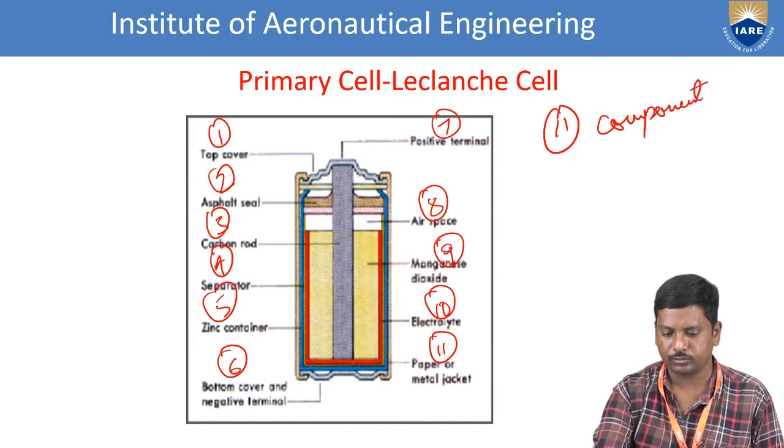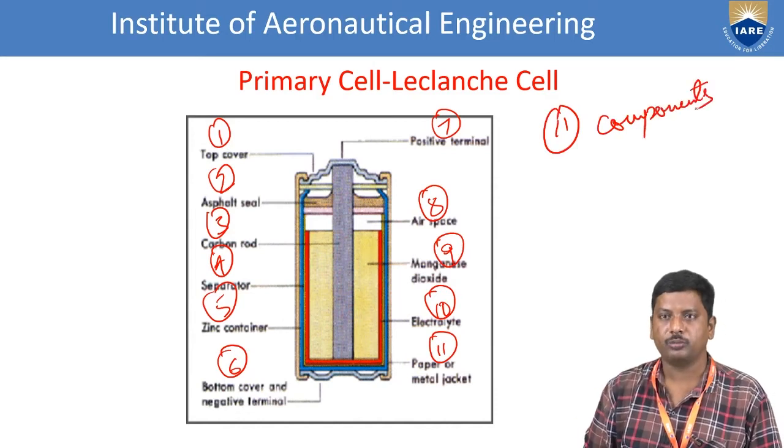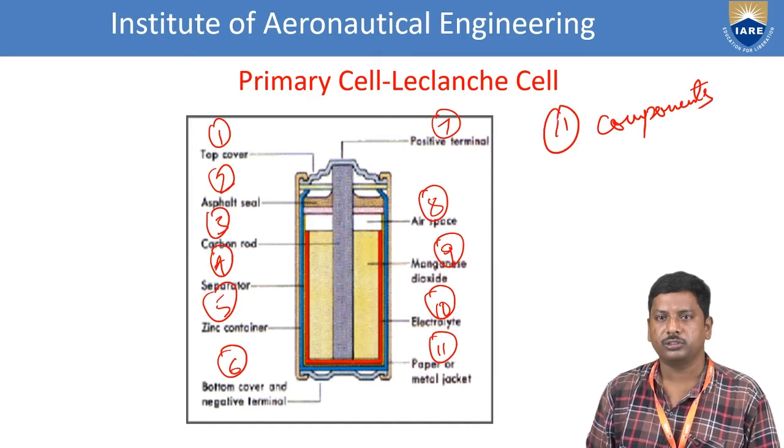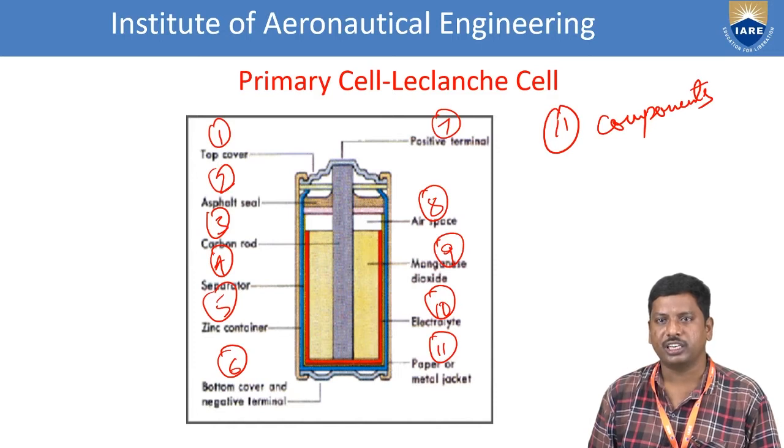Out of the 11 components, two are a must. The positive terminal lies at the top and the negative terminal lies at the bottom. The top cover avoids exposure to the outside, and the asphalt seal protects the cell from the outside environment.